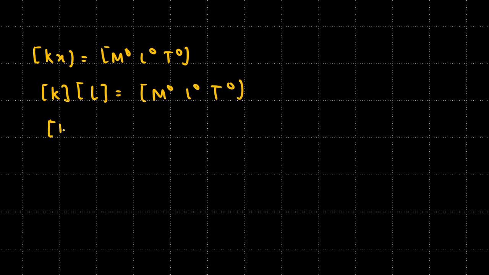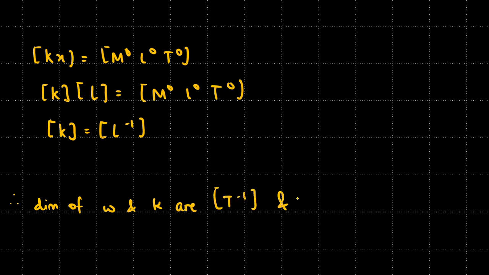So we have k equal to L^-1. So hence the dimensions of omega and k are per time and per length respectively.